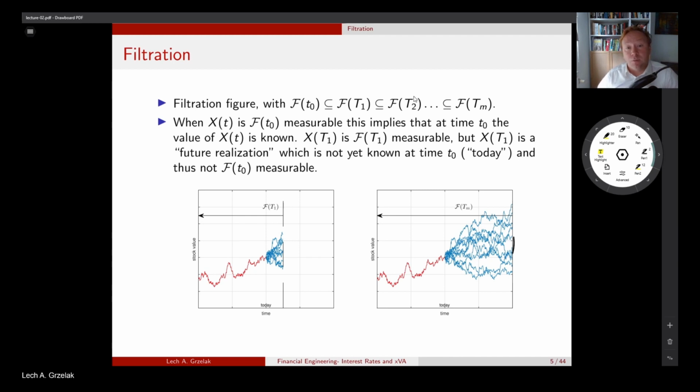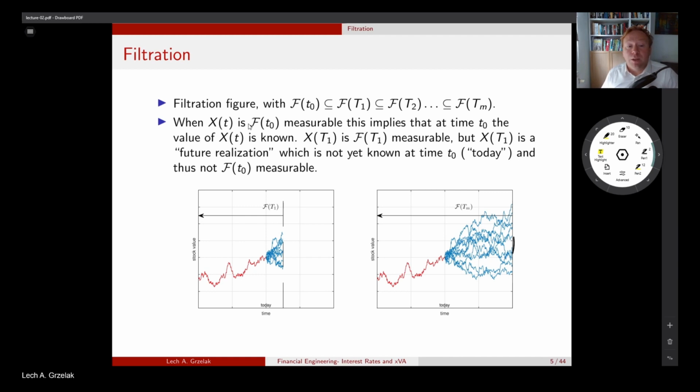Because if we were a year away from today, let's say 2022, 2025, and so on, at that moment we would have much more information than we have today. So the filtration has all this historical knowledge. The further in time we go, the more information about the market we have, and it's certain because it has already been realized.